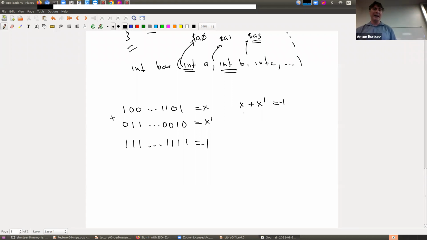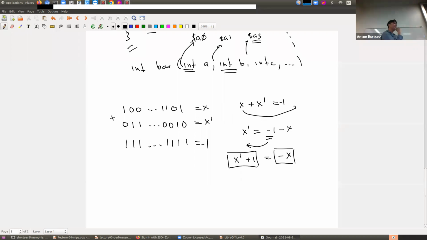I will move this x over, and you end up with x complement equals -1 minus x. Then you move the 1 over, so you get x complement plus 1 equals minus x. So essentially, that's your formula. If you want to compute minus x, you take a complement and add 1. That's the shortcut for how to compute it.